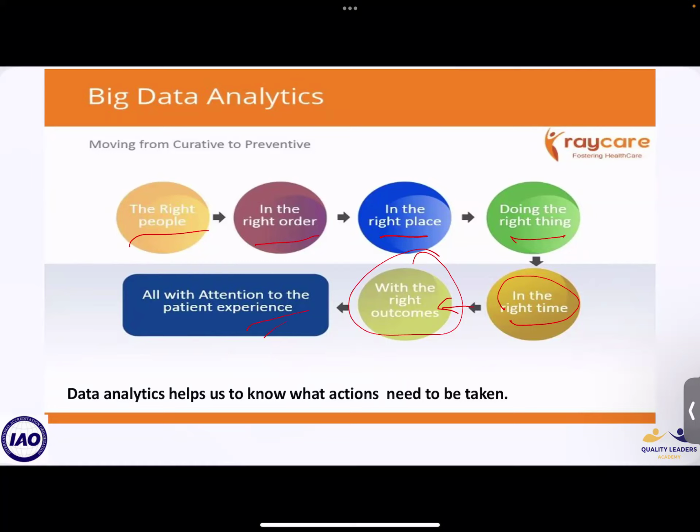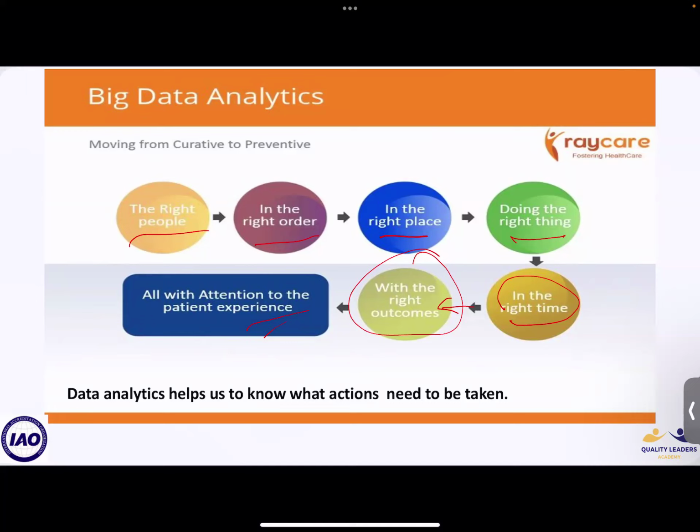Data analytics helps us know what action we need to take. Do I really have a problem and need to work on an improvement project, or do I not have a problem and just need to monitor the process I have?